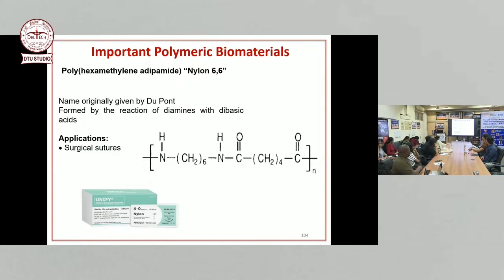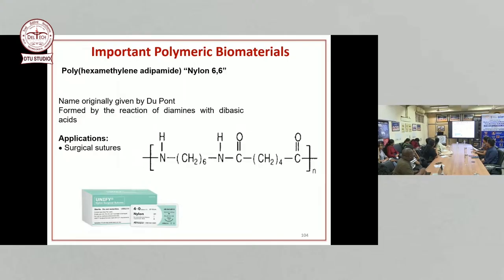Water, right? So it can be used for surgical sutures. What is another common material used for sutures? PP. Okay, what else? Silk, right? I think you must have heard of silk sutures, right?